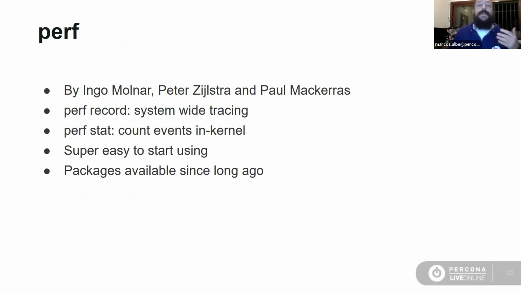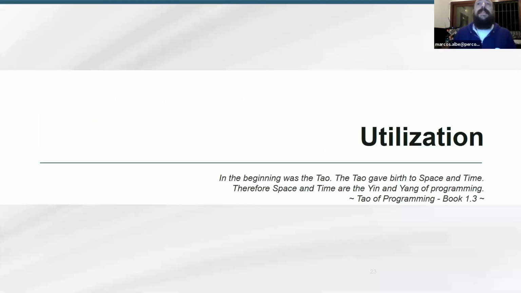It allows us to do sample-based statistics collection and counting as well. It really allows us to see a lot of the events in the kernel and the performance monitoring units in the CPUs. It's one of the tools we're going to be using today as well. Again, this is something you should be learning if you're interested in performance. And with that, let's go on to utilization.